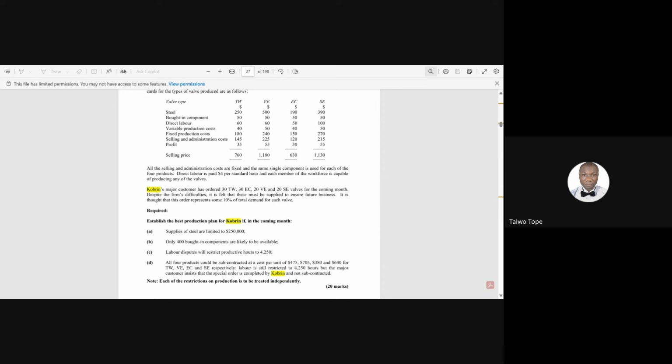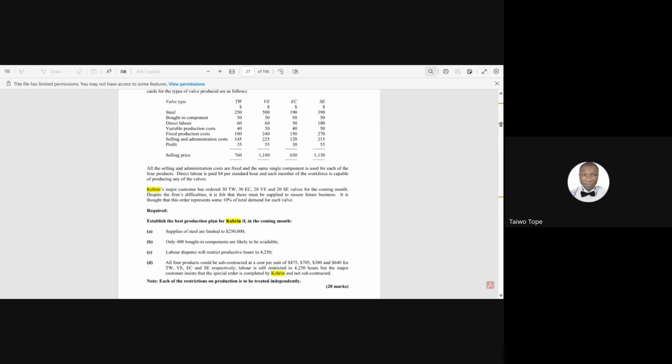So let's see how it goes. The question: all four products could be subcontracted at a cost per unit of 475, 705, 380, 640 for TW, VE, EC, and SE respectively.